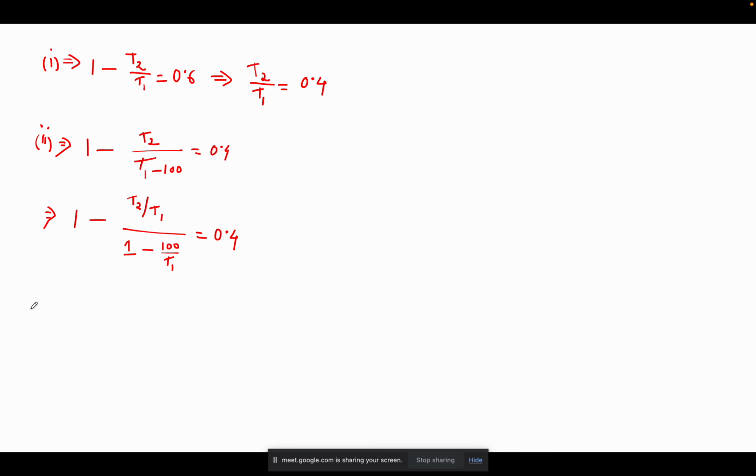Okay, then in the next step I can put T2 by T1 from equation 1, or from equation 3 if I name this as equation 3. So from equation 3 I get 1 minus 0.4 divided by 1 minus 100 divided by T1 is equal to 0.4. Okay.